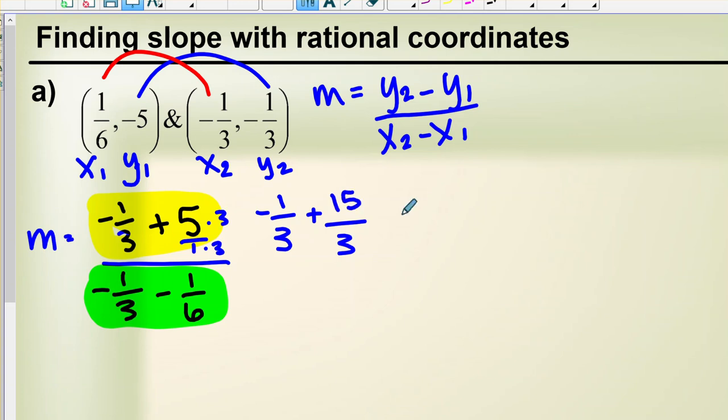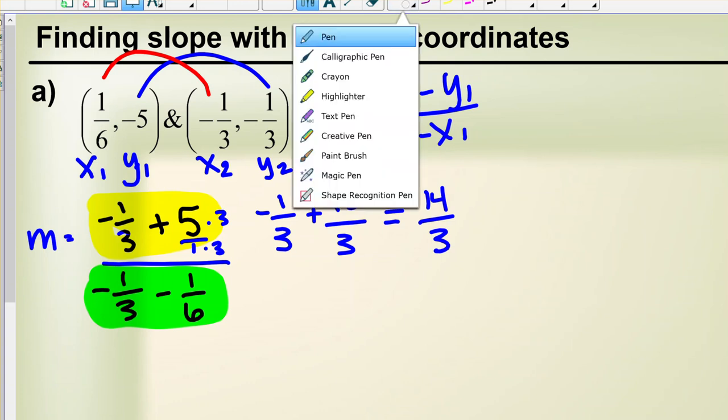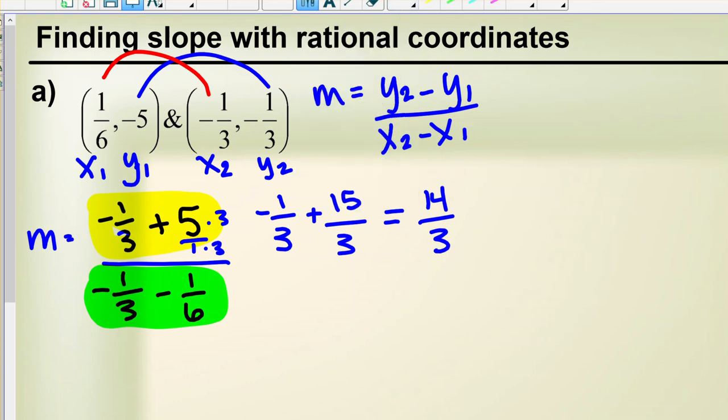That gives me 15/3. Now, when I add and subtract fractions, I add and subtract the numbers in the numerator, and then I keep my denominator. So negative 1 plus 15 is 14. Okay, so I end up with 14/3 in the numerator.